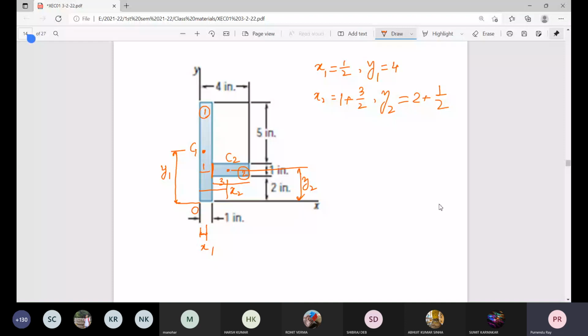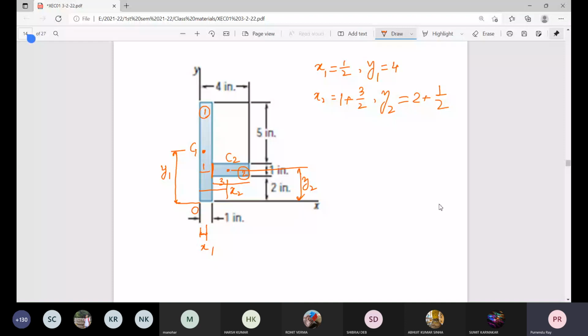These are important. Now, what about XC for the overall area? It will be the algebraic summation of individual first moments: A1 x1 plus A2 x2 divided by A1 plus A2.